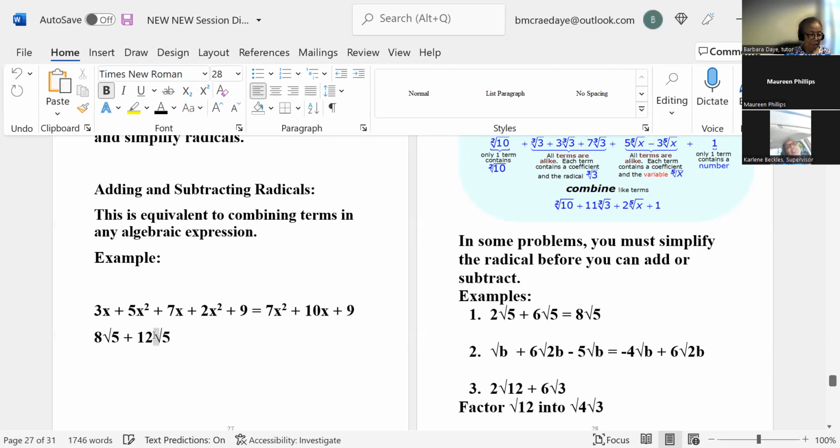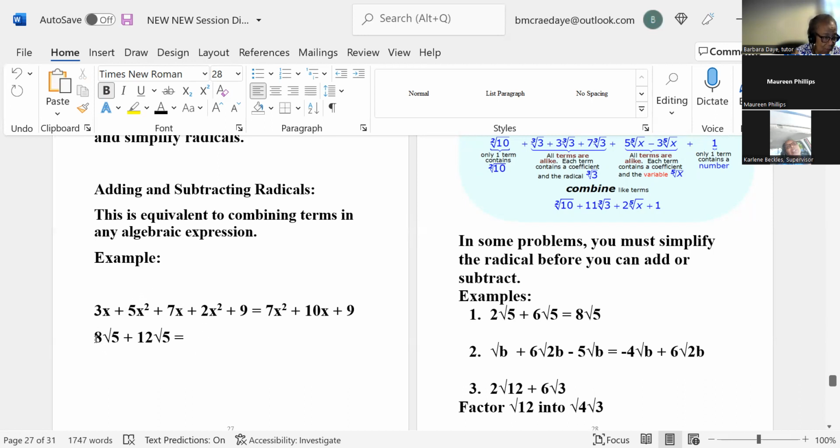If I combine these radicals, what would I get? Coefficients are the numbers in front of the radicals. So what would this give me? Combine the coefficients, the 8 and the 12, because notice up here, you combine the 5 and the 2.